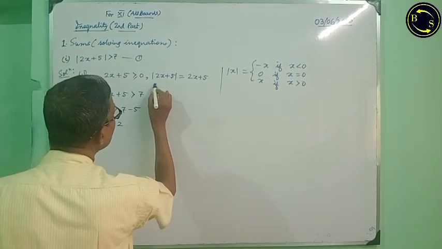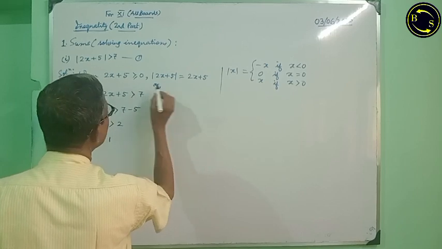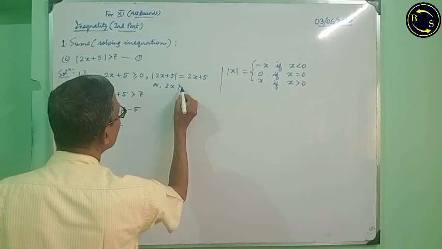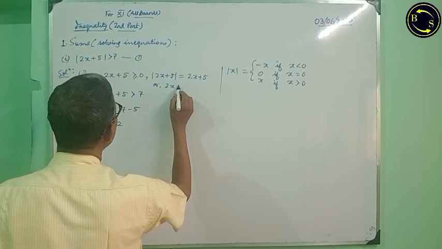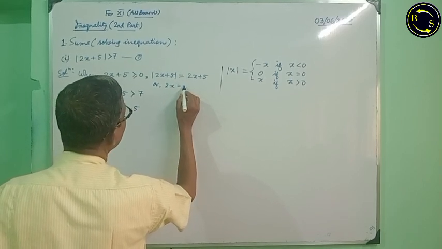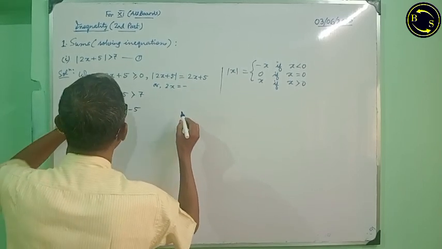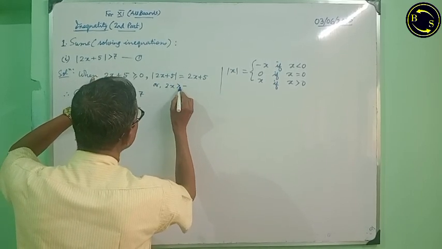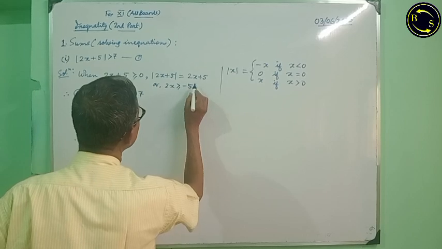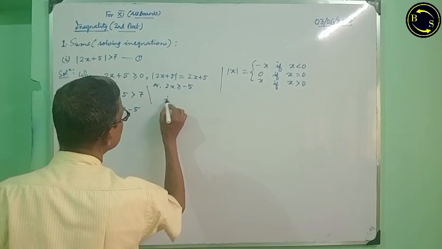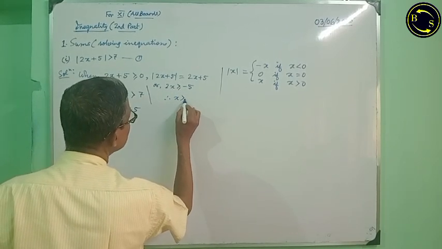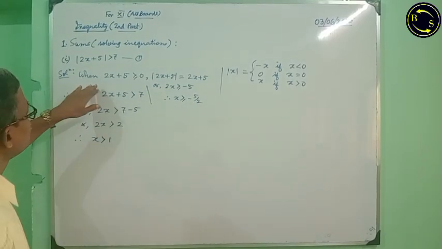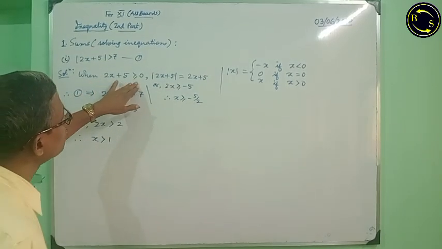In this case, remember, 2x plus 5 greater than equal to 0.